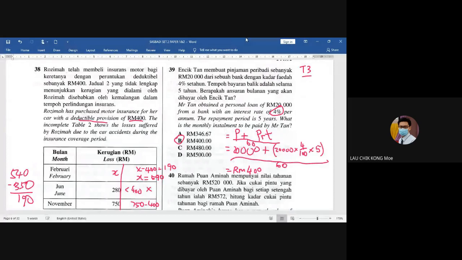Okay, so kalau dia buat 20,000 from the bank, and then the interest rate is 4% per year, or per annum is per year lah, and then the repayment period is 5 years, so 1 month 400. 1 month 400 ringgit. Need to pay back to the bank. Okay, so this is a form 3 topics. So kalau kita tengok memang perlu tahu. I know that the form 3 inside this topic we have many formula, but you need to understand it. Okay.